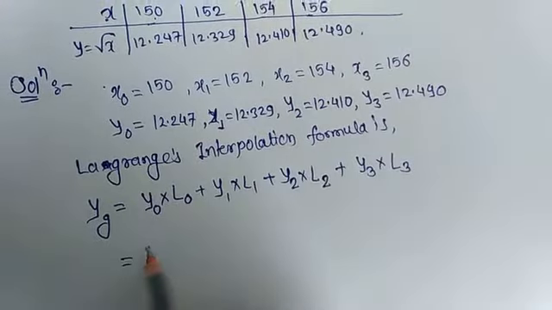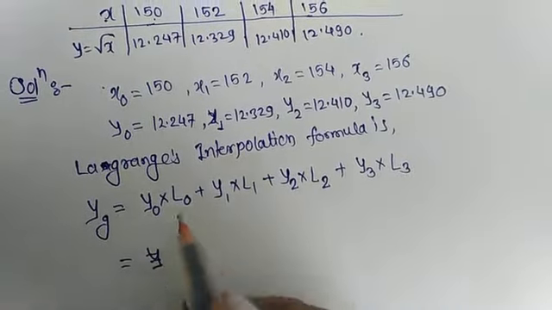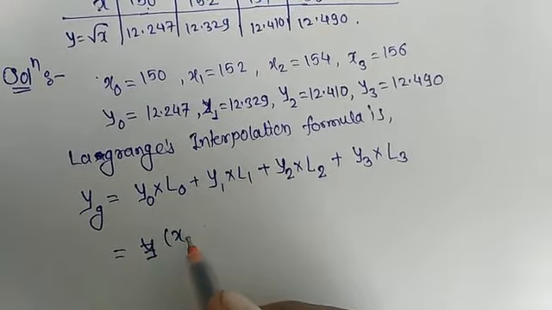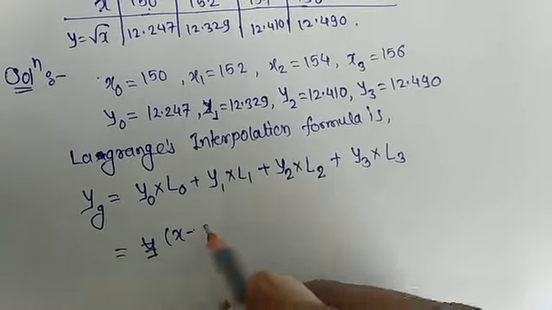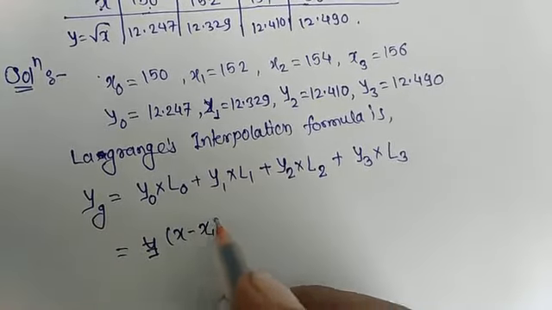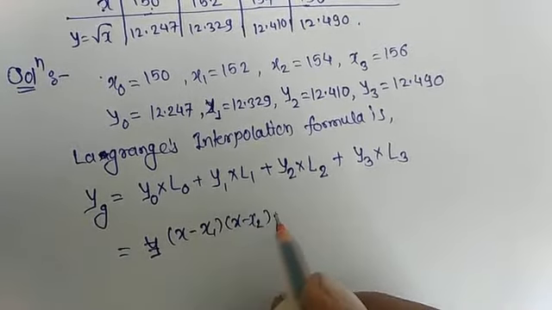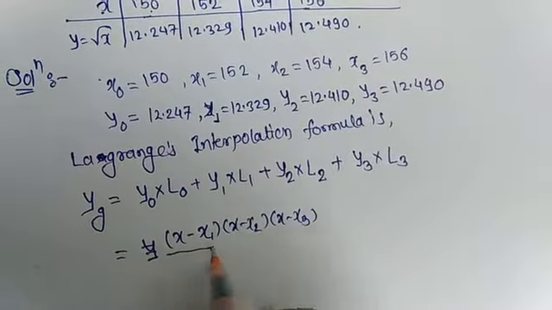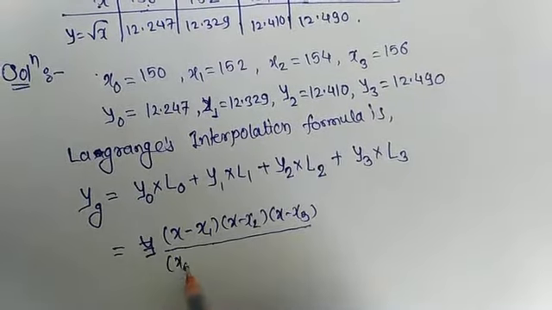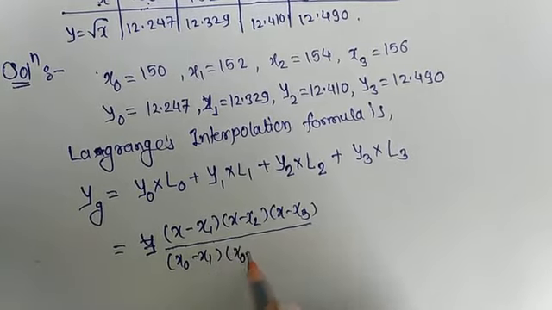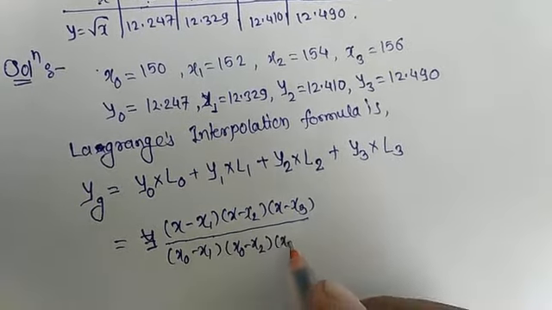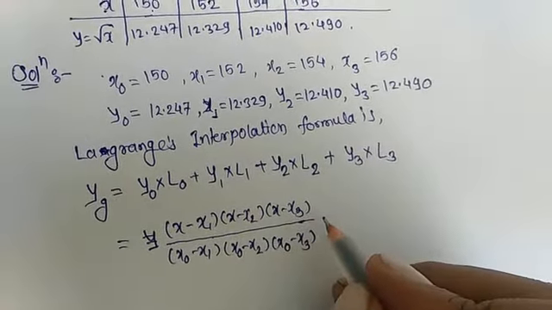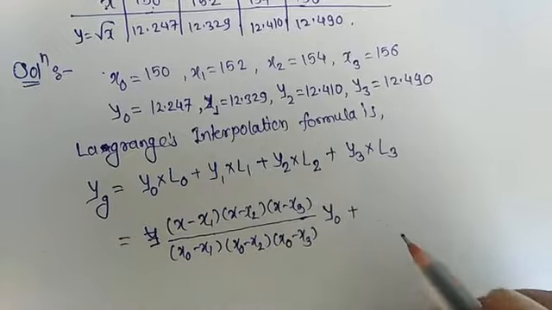That means we will write it in the form: the value of L0 is x minus x1 into x minus x2 into x minus x3, because up to x3 values are given, divided by x0 minus x1 into x0 minus x2 into x0 minus x3, into y0 plus.